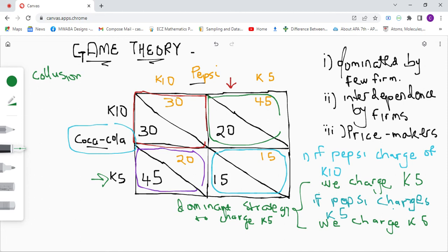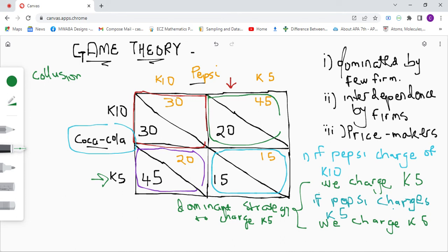Now, what these dominating firms can do is come together and decide to raise the price higher, or actually, sorry, they might even lower the price in an effort to kick out all the other firms in the market.